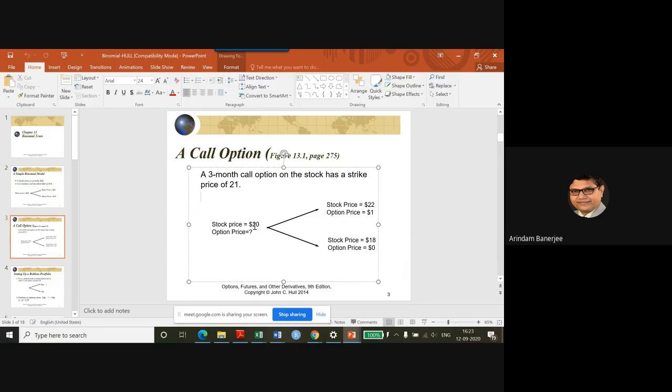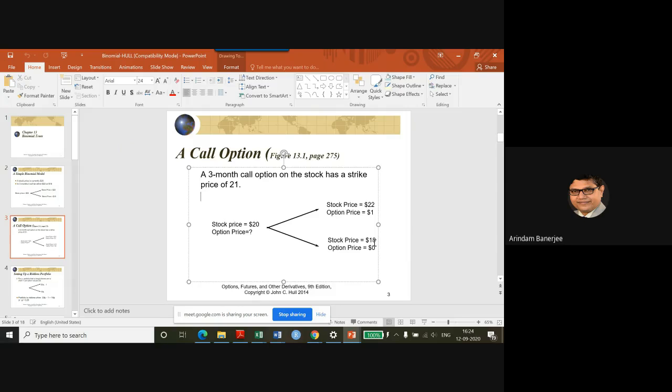So if the strike is 21 and it is a call option, then the option will be in the money at 22, and the payoff will be 22 minus 21, that is 1, after 3 months.